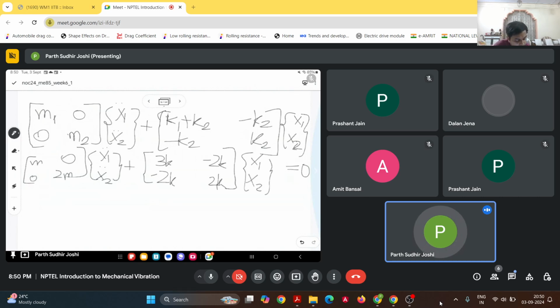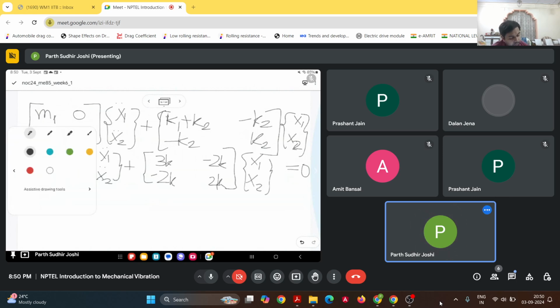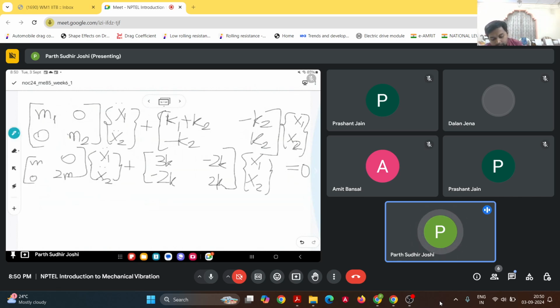Now we can follow the same approach. If we denote this x1 and x2 vector as some capital X, and we assume that this vector capital X is some v e to the power lambda t, and substitute this in the matrix equation, or differential equation, then we will get the characteristic equation.